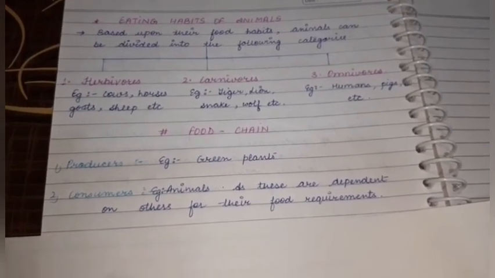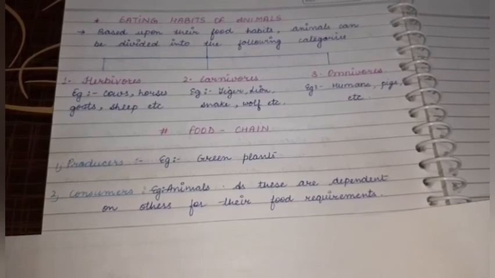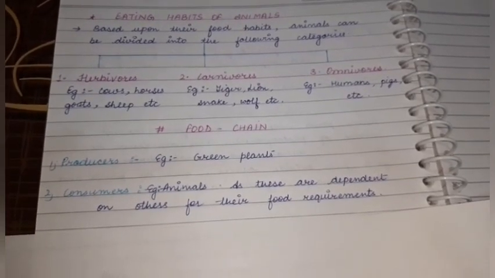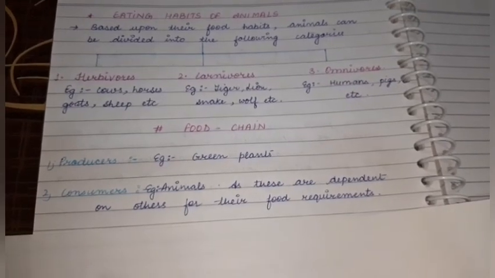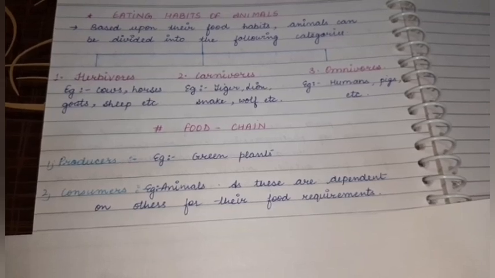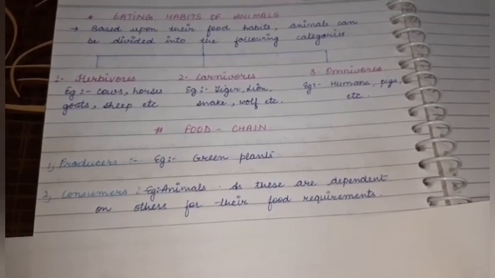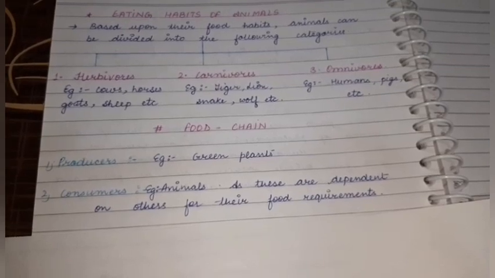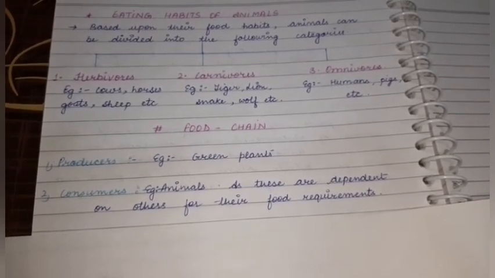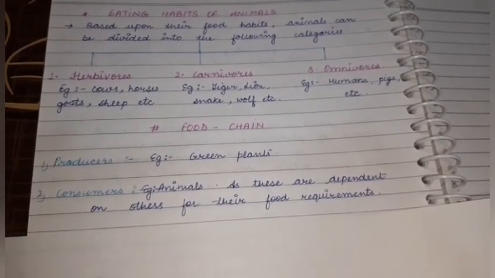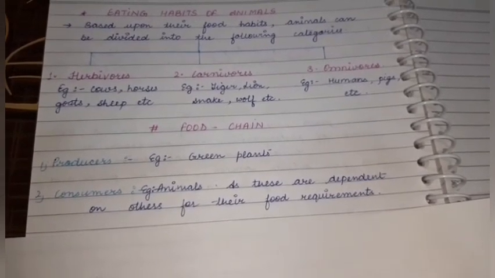These are further classified into two headings, that is producers and consumers. We have the very first example, green plants. Green plants are called producers because they produce their own food. They prepare their own food with the help of air, water, chlorophyll, and sunlight. The process of production of food with all the mentioned things is known as photosynthesis.